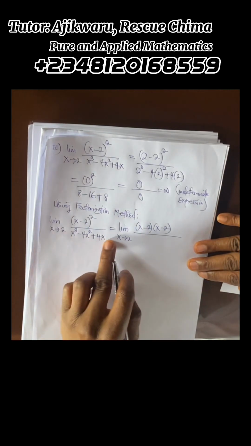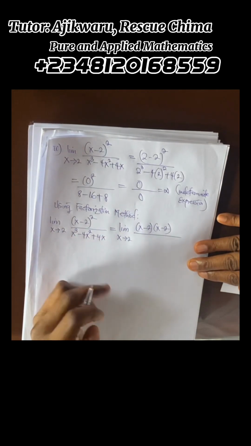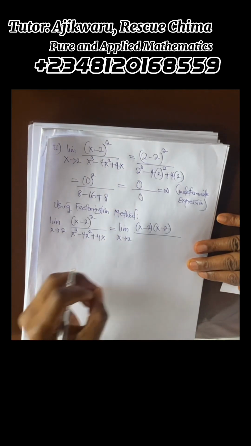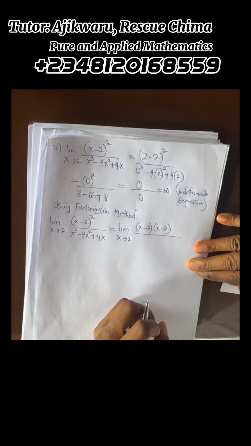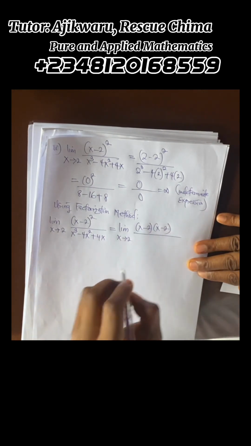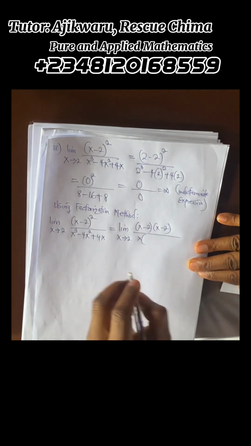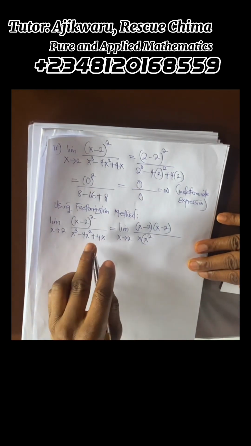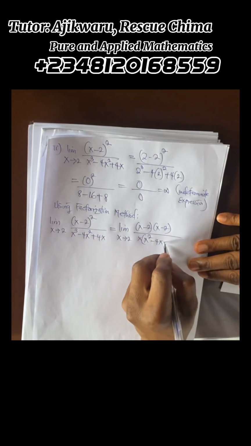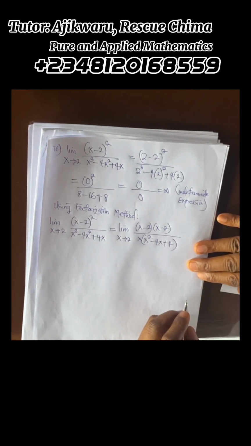And for the denominator, the normal factorization method is about factoring out common terms. What is common between all of these values? We have x is common. We factor out x from this, we have x squared. Factor out x from this, we have minus 4x. Factor out x from this, we have plus 4.